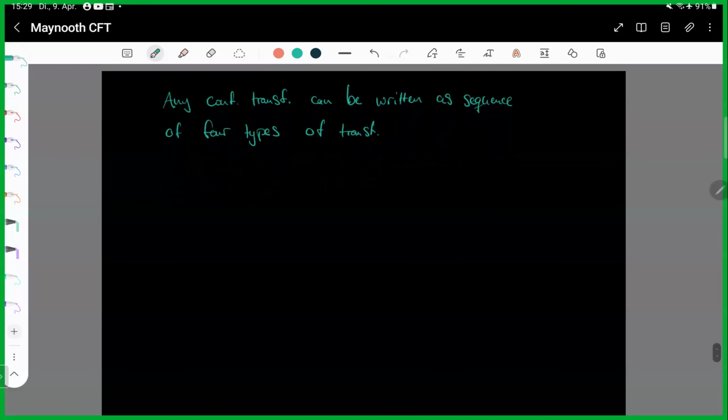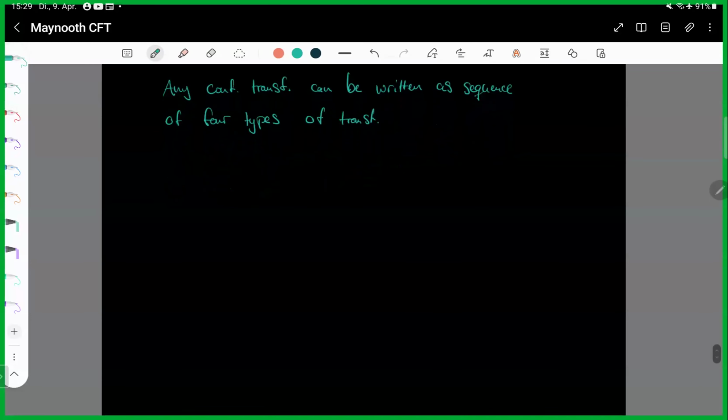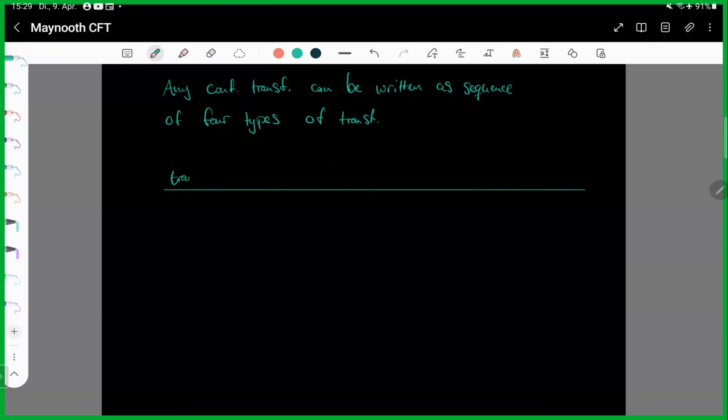So, which are those? I'm going to make a little table of transformations. Let's see how much space I need. The first example is a translation.